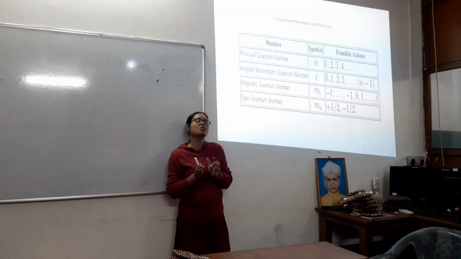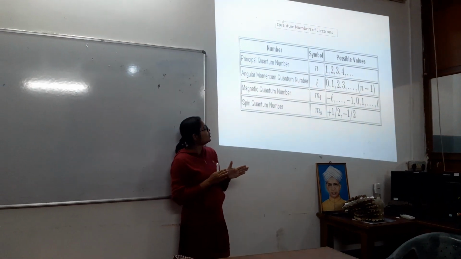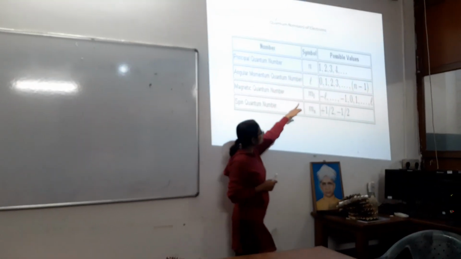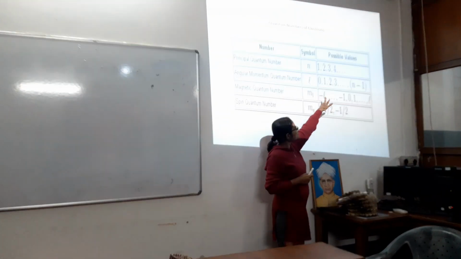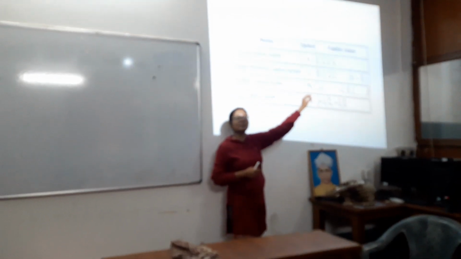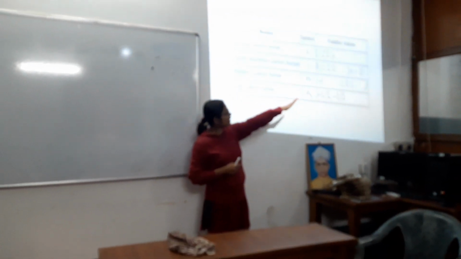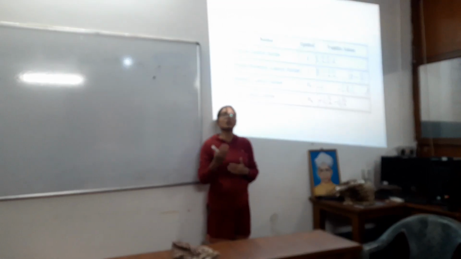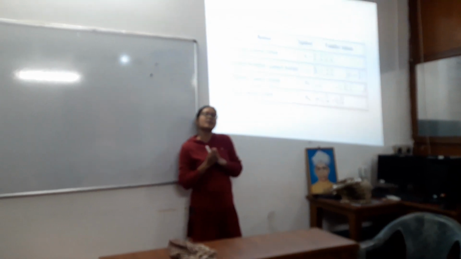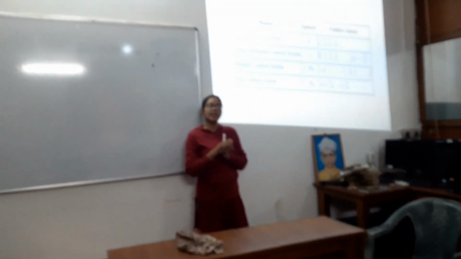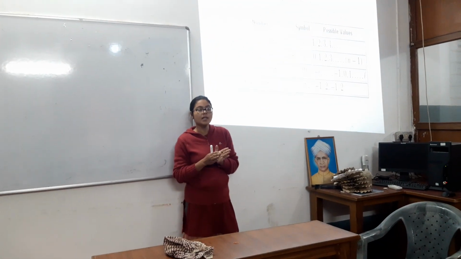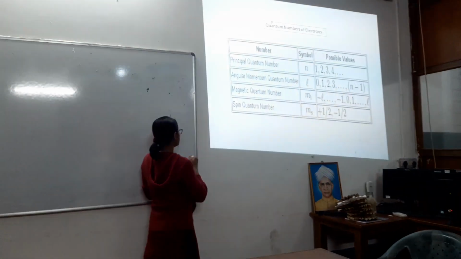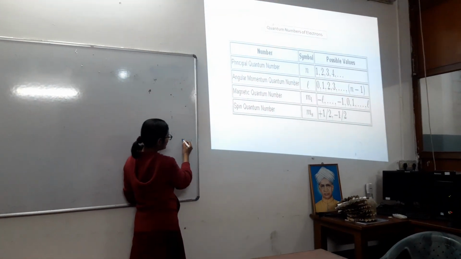This l depends on the principal quantum number. As shown here, l starts from 0 and ends with n minus 1. That means if the principal quantum number is 1, then the azimuthal quantum number l will be 0, because 1 minus 1 is 0.